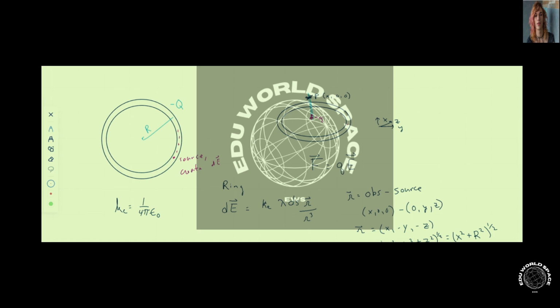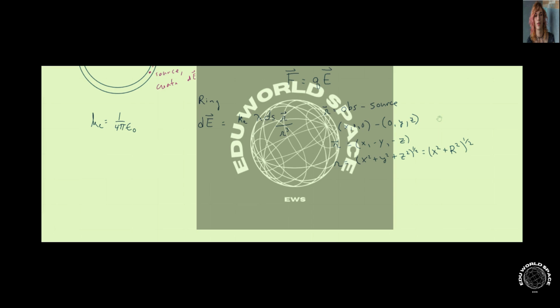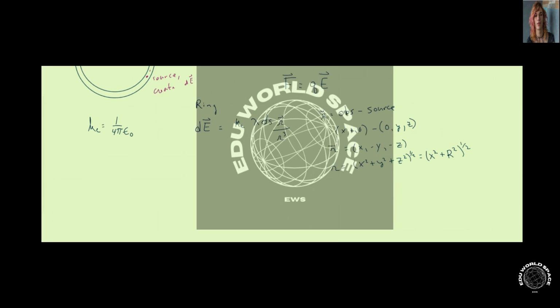Okay, and a couple of other things to verify in this differential. The linear charge density that we're dealing with, it's a negative charge, minus q divided by the circumference of the ring.